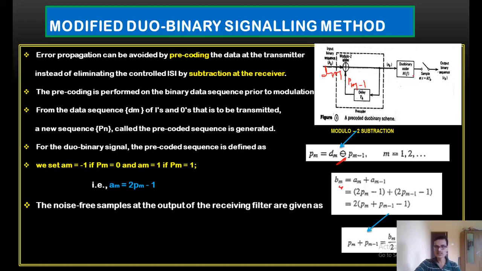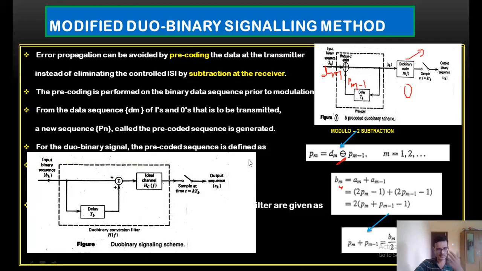Fine. Now, what is BM? BM is nothing but the output of the DuoBinary coder, right? Where we have an adder, no? Now, if I show you the diagram of that modulo 2 adder, the same figure, I have an adder here, where this AM is the input. AM and AM minus 1, the previous bit, both are actually added together, right? So we get AM plus AM minus 1.